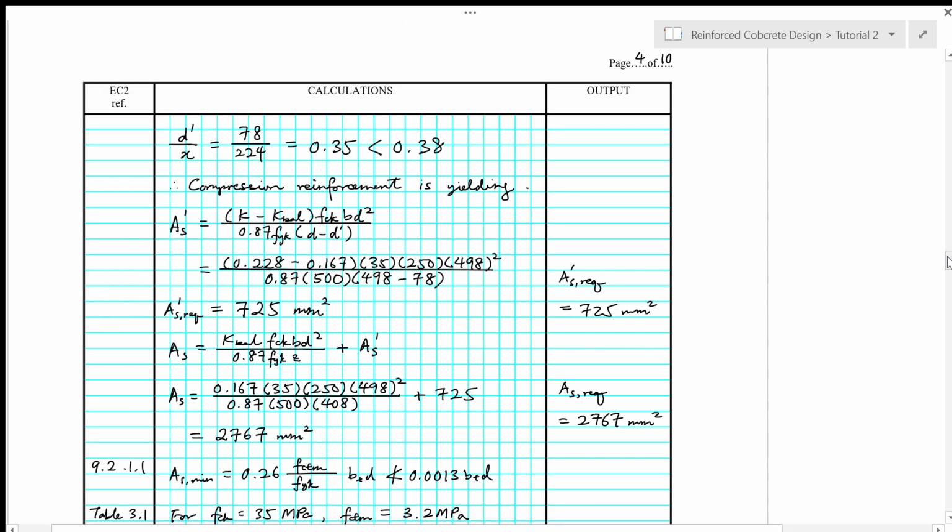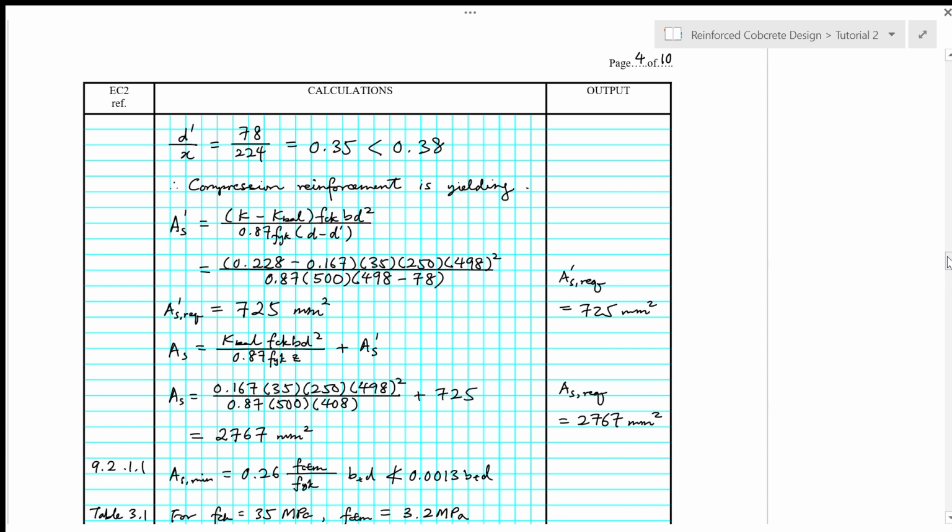And then we check whether the compression reinforcement is yielding by checking the d prime over x value. So we have 0.35, which is less than 0.38, meaning that compression reinforcement is yielding. Then we can use the design equations by taking compression reinforcement yielding at the stress of 0.87 fyk.